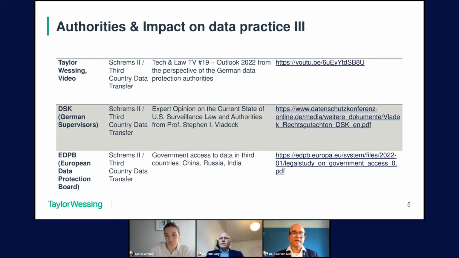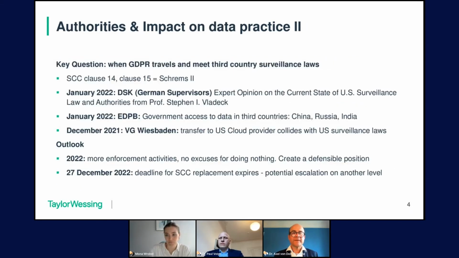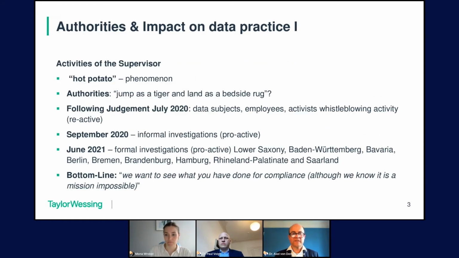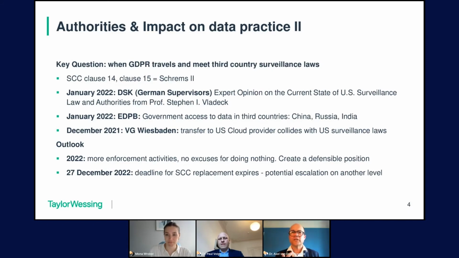That was with one of our leading regulators, Professor Kugelmann from one German Bundesland, who explained how the authorities in 2020 will work, what is their standpoint. And he actually is the one who said this bottom line, we want to see what you have done for compliance. That was his main thing. So you need to look good. This is the basic message here.